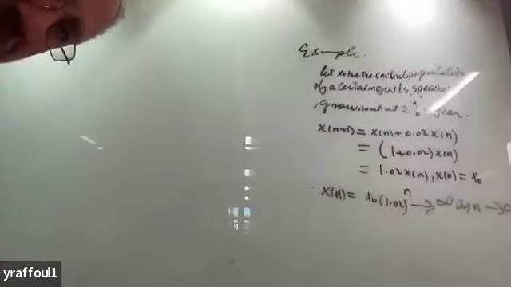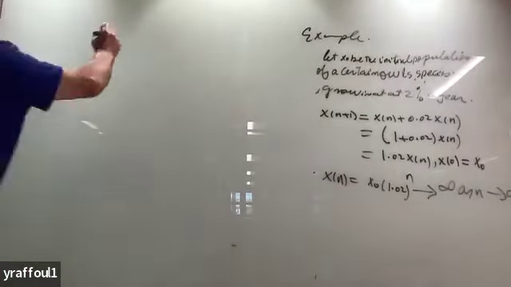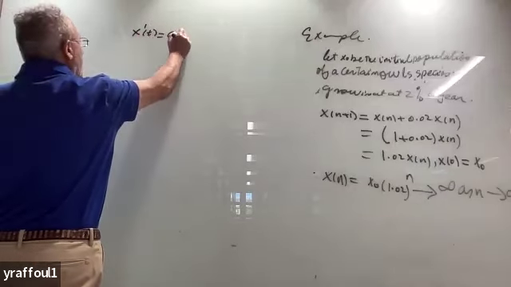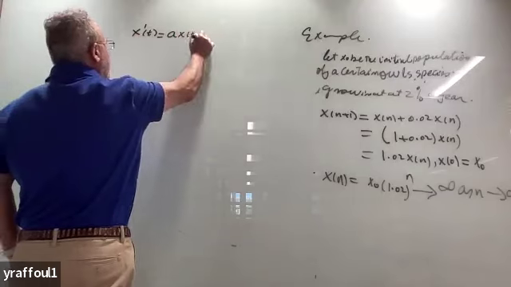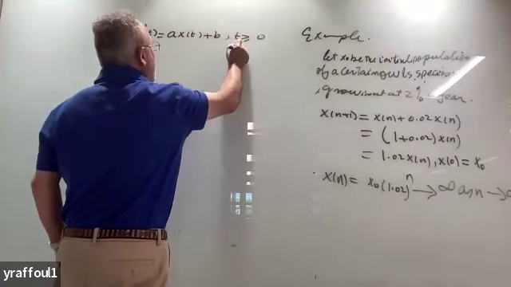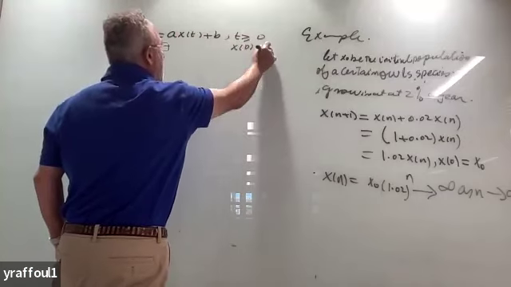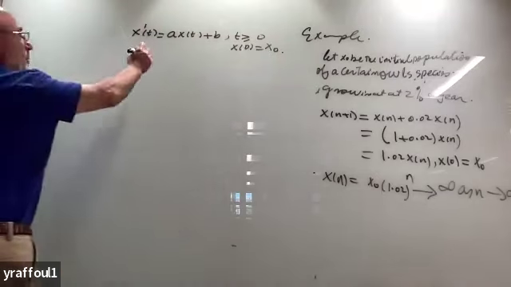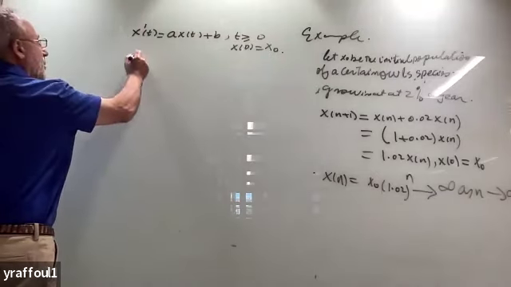I'm gonna flip the board here and say if you have the differential equation x prime of t equal a x of t plus b, t bigger or equal to 0, x of 0 equal x naught, you see the solution is you multiply by the integrating factor.